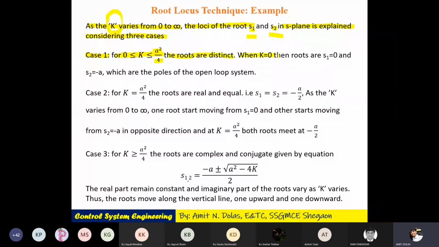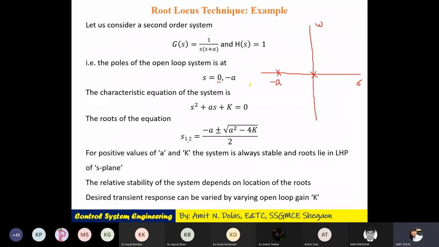When k is equal to 0, then the roots are s1 is equal to 0 and s2 is equal to minus a, if you put into the equation, which are the poles of the open loop system that we have already plotted here. This is S1 and this is S2, which is nothing but the open loop poles.